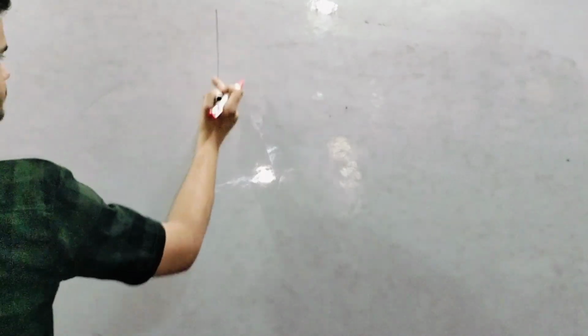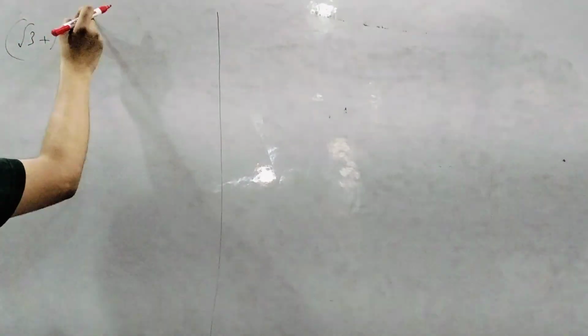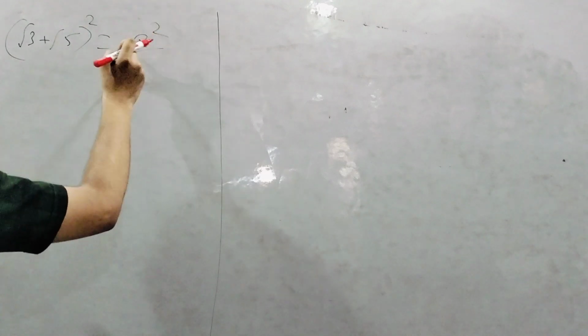So we have (√3 plus √5) square is equal to a square upon b square.